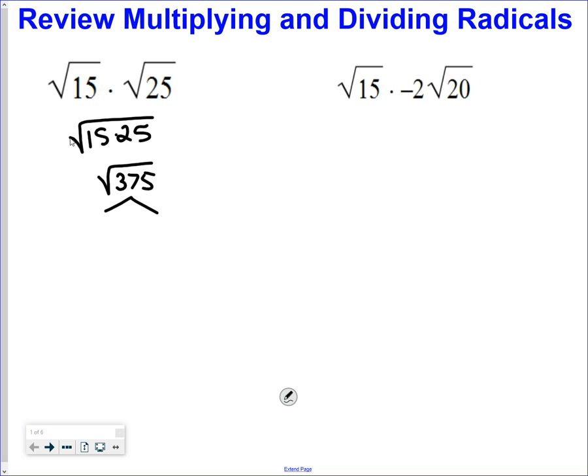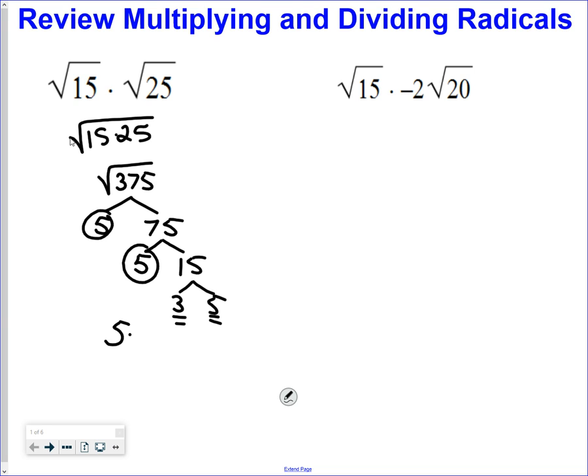Now we just make our tree, and I know it ends in 5, so it's 5 times 75. Does that make sense? And then 75, again, ends in 5, so it's 5 times 15. And I know 15 is 3 times 5. So I have a pair of 5s, and I have a leftover, and remember, this is our leftover spot. So my final answer is 5 radical 15. That's simplified. Okay.